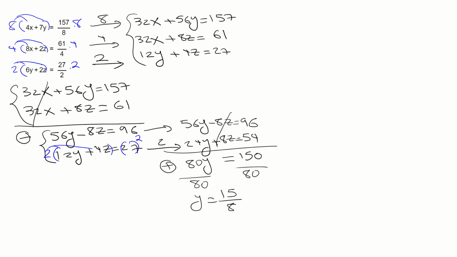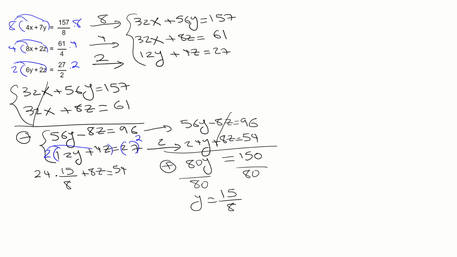Now we're going to take this 15 over 8 value for y, we're going to plug it into any of these 4 equations would work, and I'll just go with this one. So I get 24 times, instead of y, we're going to put 15 over 8 plus 8z is equal to 54.